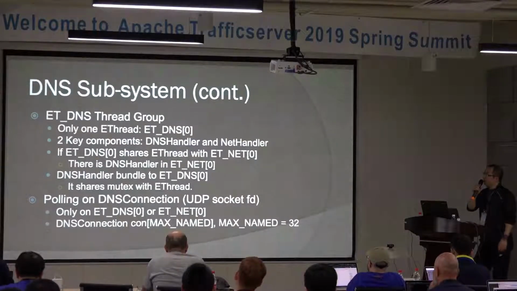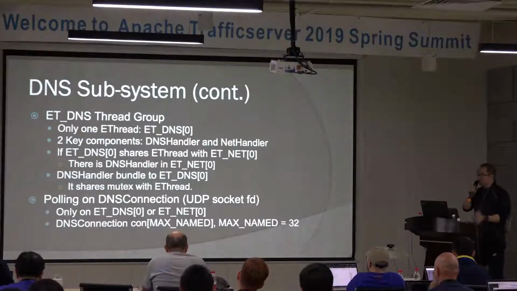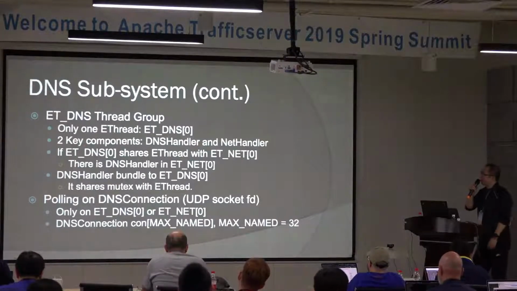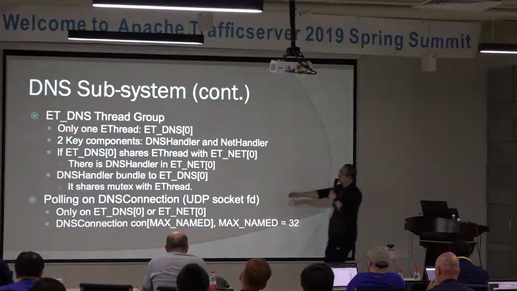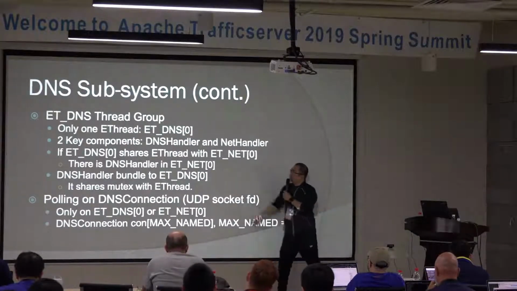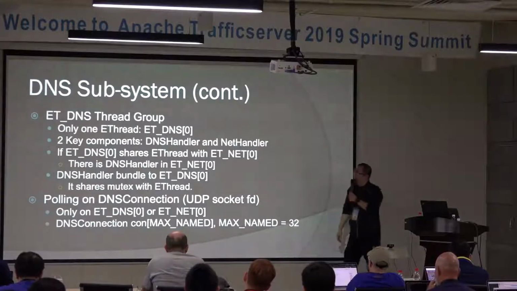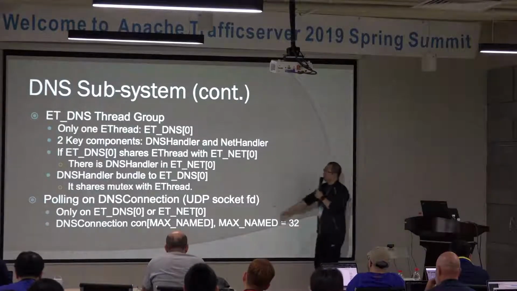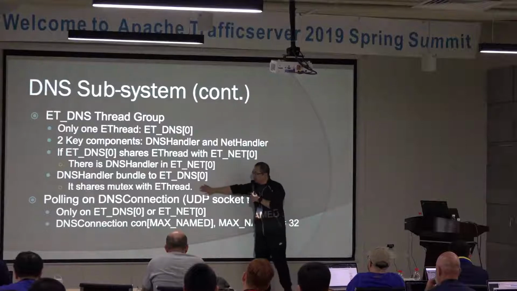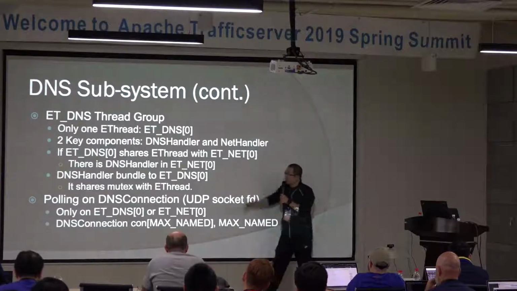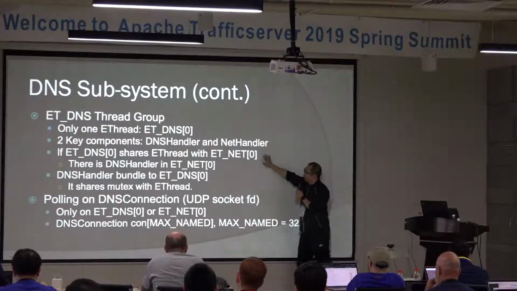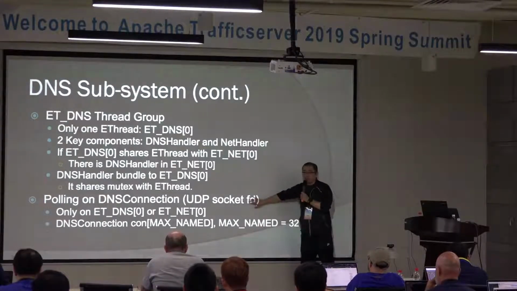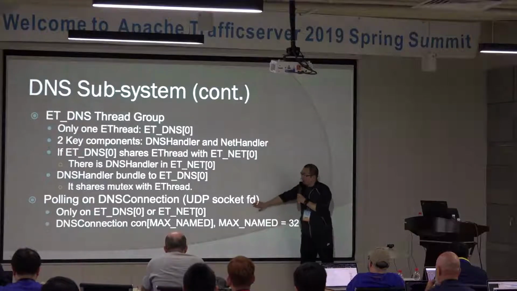If DNS0 shares the E thread with ETNet thread 0, there is a DNS handler also in the E thread net 0. The DNS handler is bundled to ETDNS. It shares a mutex with the E thread. The net handler is used for polling on the DNS connection UDP socket FD.